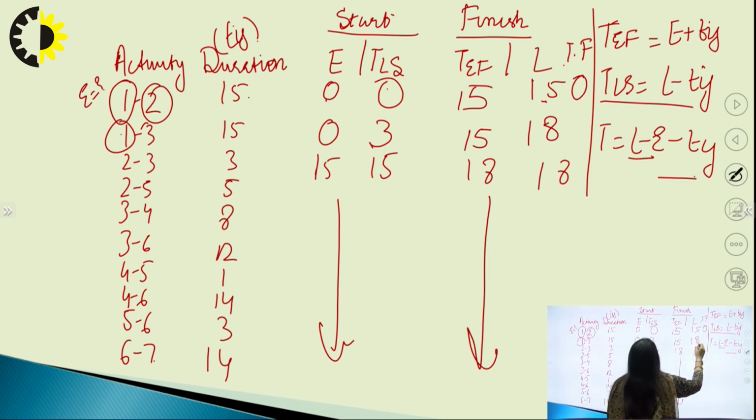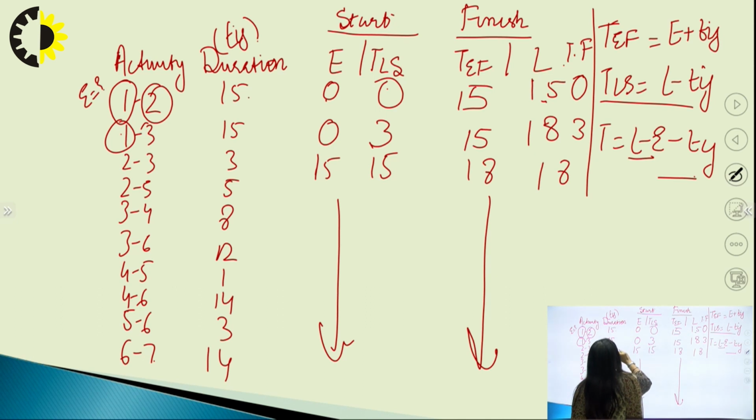Similarly for this, 18 minus 0 minus 15, 3 total float. Similarly, 18 minus 15 minus 3, 0.